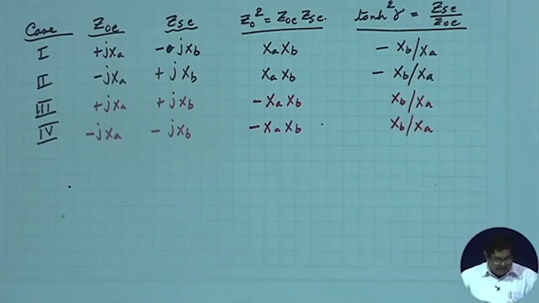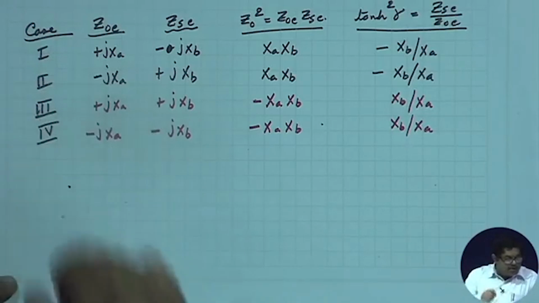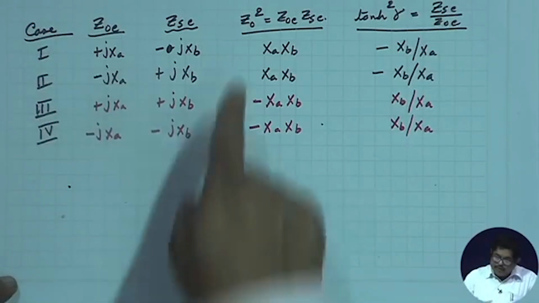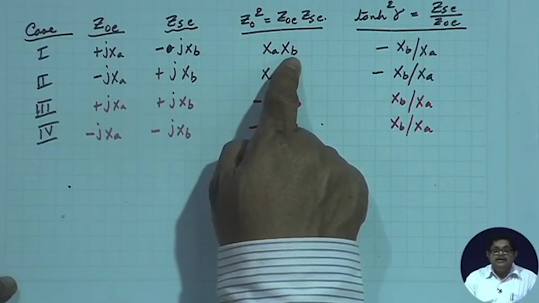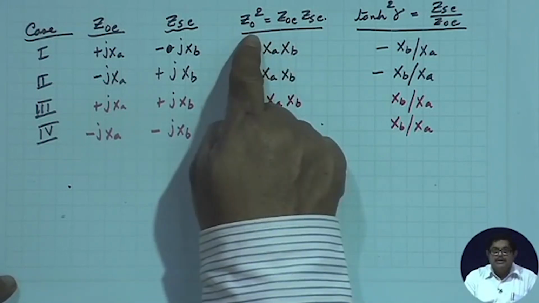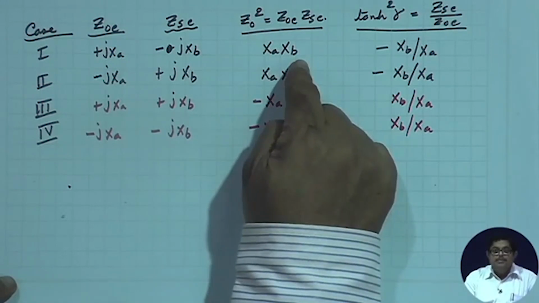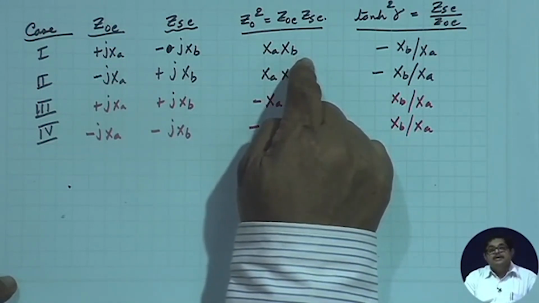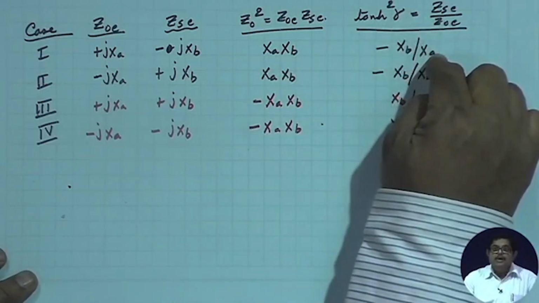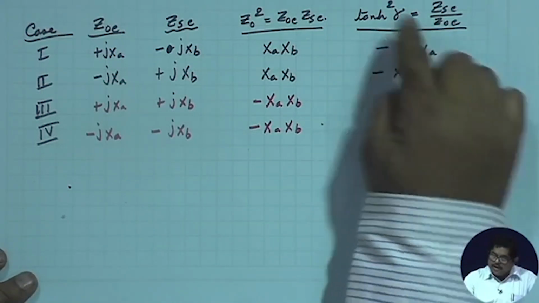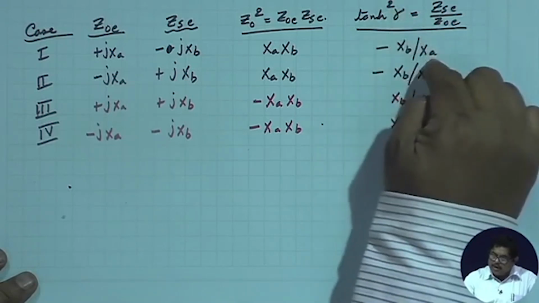From here you can see that in case 1 and 2, Z naught is real. That means Z naught, the characteristic impedance, is real, so this is a pure resistance, and tanh is imaginary, because tanh squared is minus.